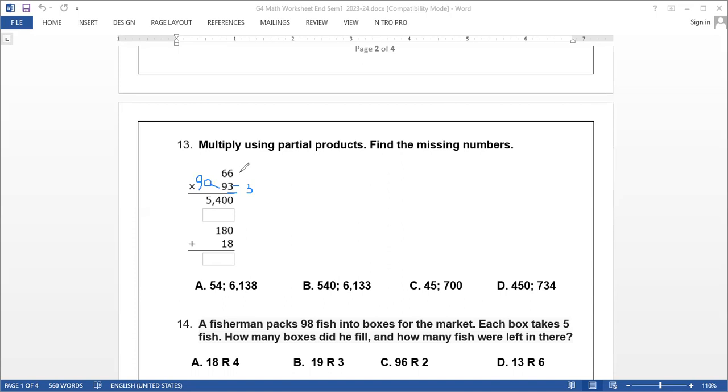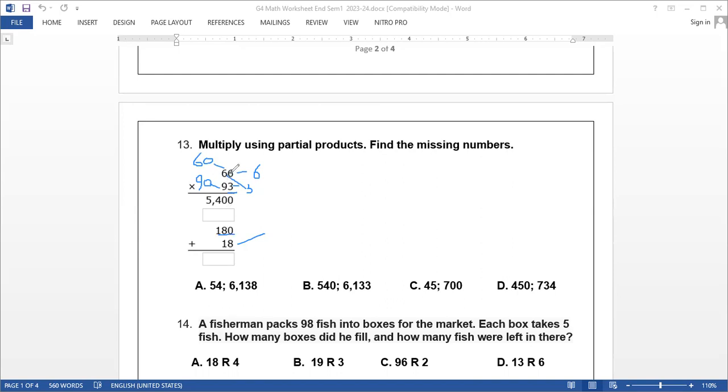Now we multiply this we consider 6, and this 60. We need to multiply each one by the other. So 3 multiply 6 equals 18, and 3 multiply 60 equals 180.